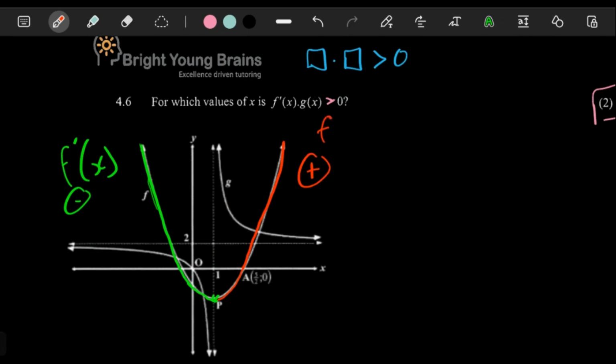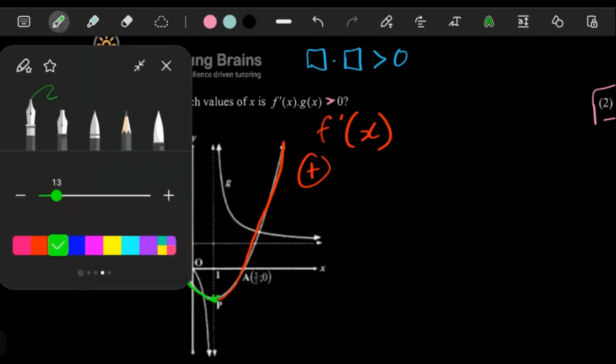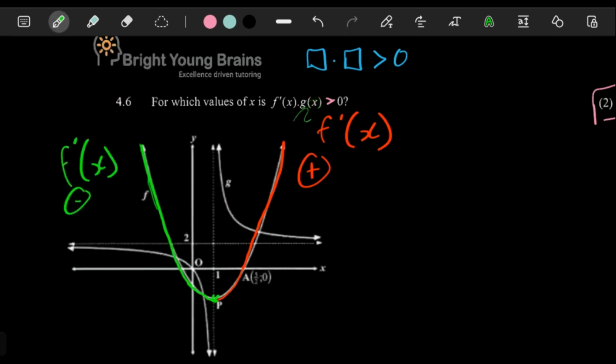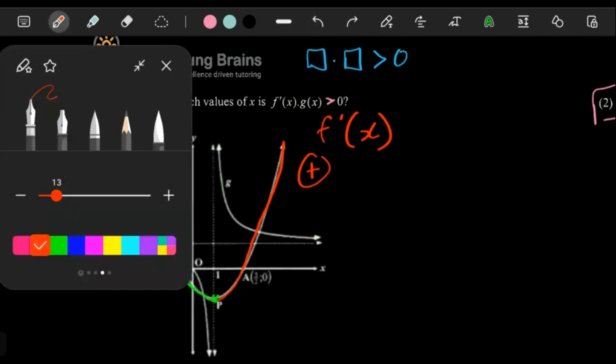Now, let's look at our hyperbola. Our hyperbola, that's what g is talking about. g is talking about the y values of g. So let's color code it. If we're going to talk about where the y values of g are positive, let's use red.